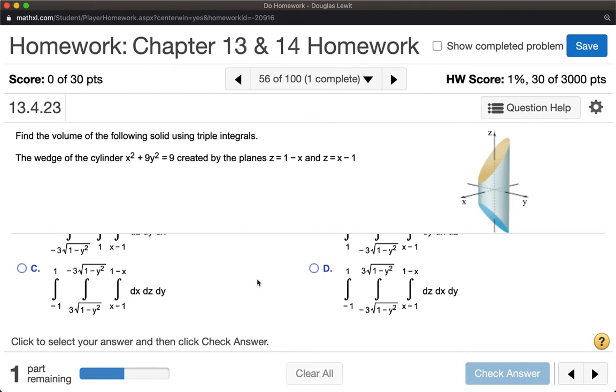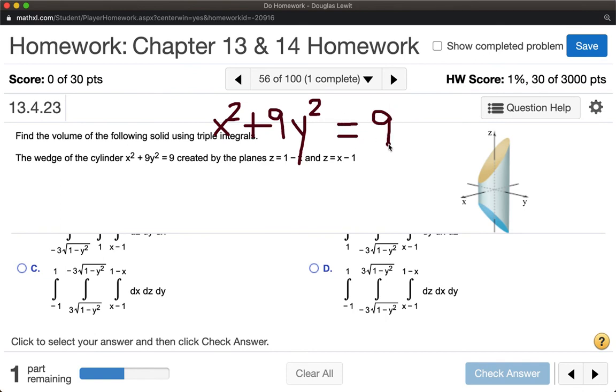Let's see. This one looks really close, but C is not quite right, and here's the reason why. I have x squared plus 9y squared is equal to 9.